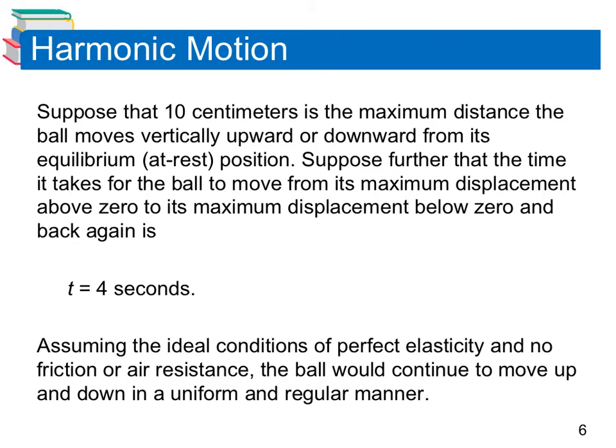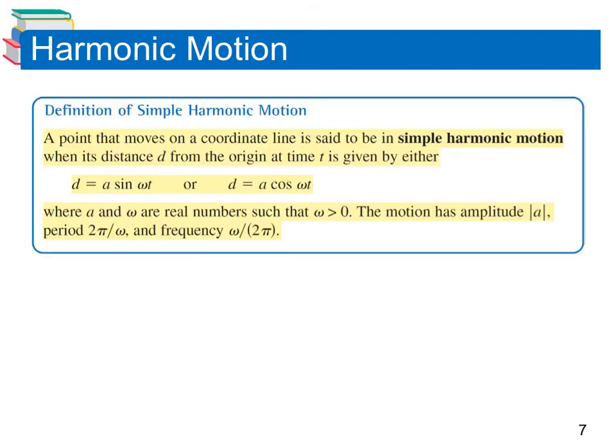This screen is just the words. Suppose 10 centimeters is the maximum distance the ball moves vertically upward or downward from equilibrium. The time it takes for the ball to move from its maximum displacement above zero to its maximum displacement below zero and back again is 4 seconds. And we assume there is no interference.